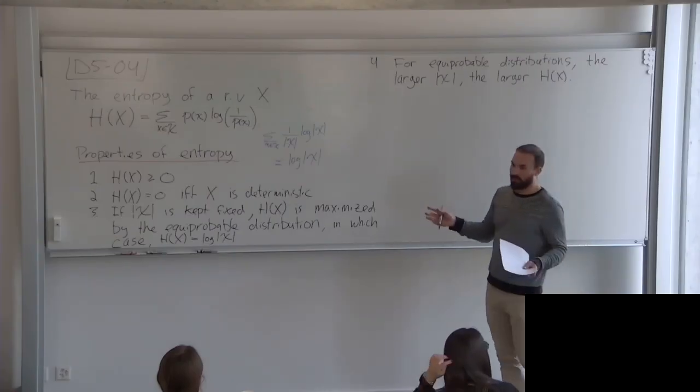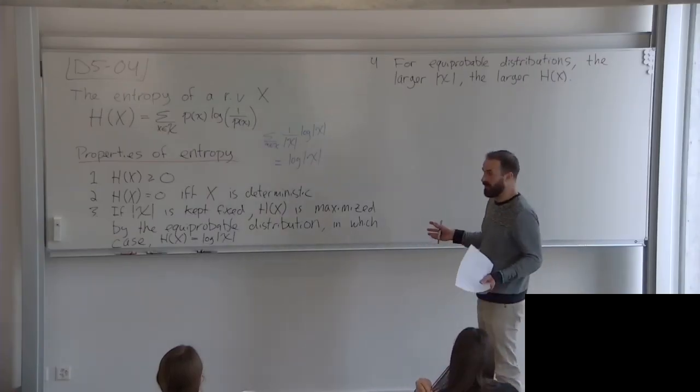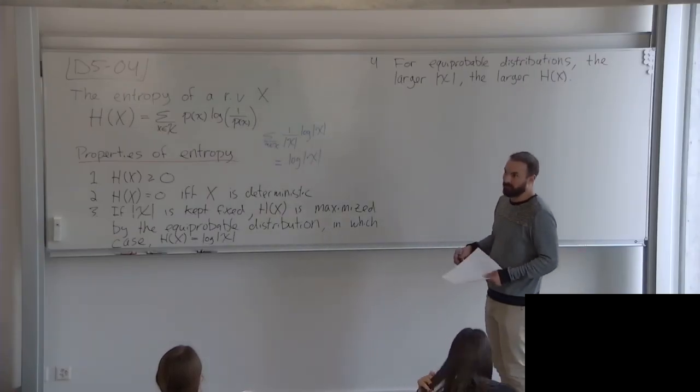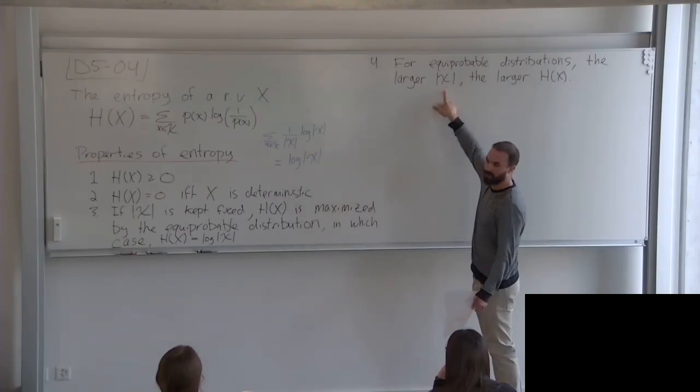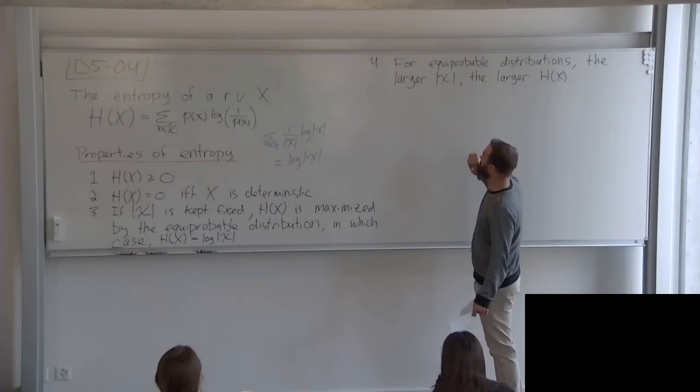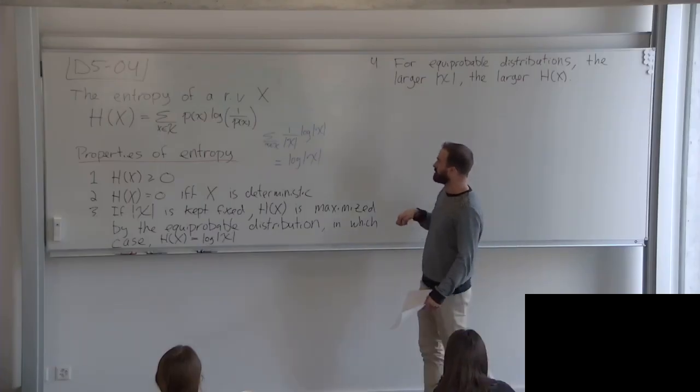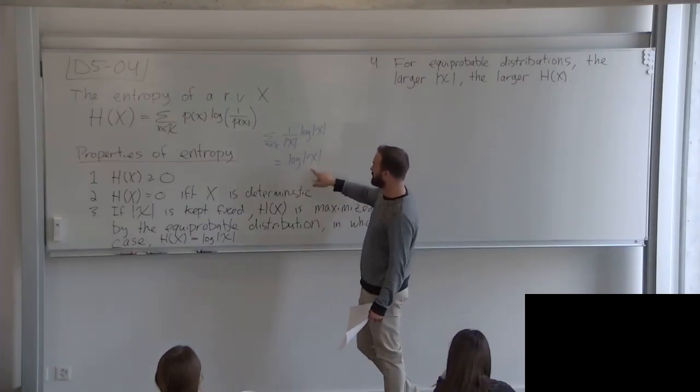So I will have more entropy if I can have 200 possible outcomes equally likely than if I have 100 possible outcomes equally likely. Again, simply because this quantity increases.